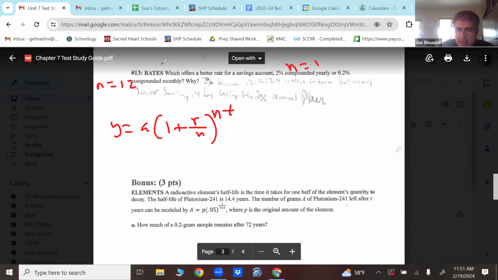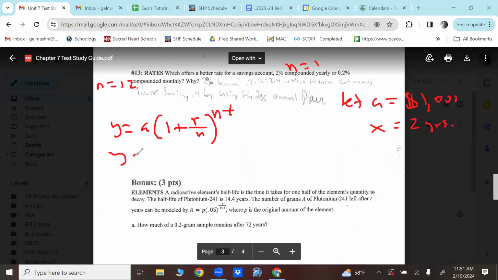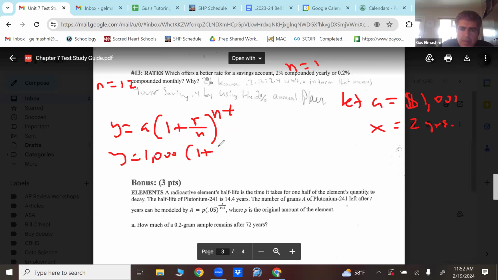The monthly is going to be a little bit better, but let's say you let a equal $1,000. Let's say x is 2, like 2 years. You kind of work out each scenario. 0.02 raised to the 2 power versus the monthly version.